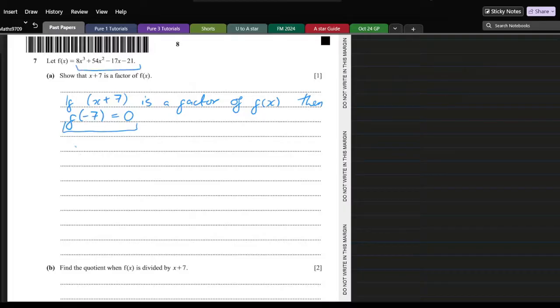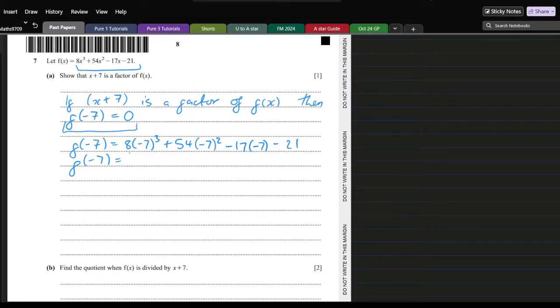Alright, so f of negative 7 is, that's 8 times negative 7 cubed plus 54 times negative 7 squared minus 17 times negative 7 minus 21. Alright, I'll simplify each term individually.